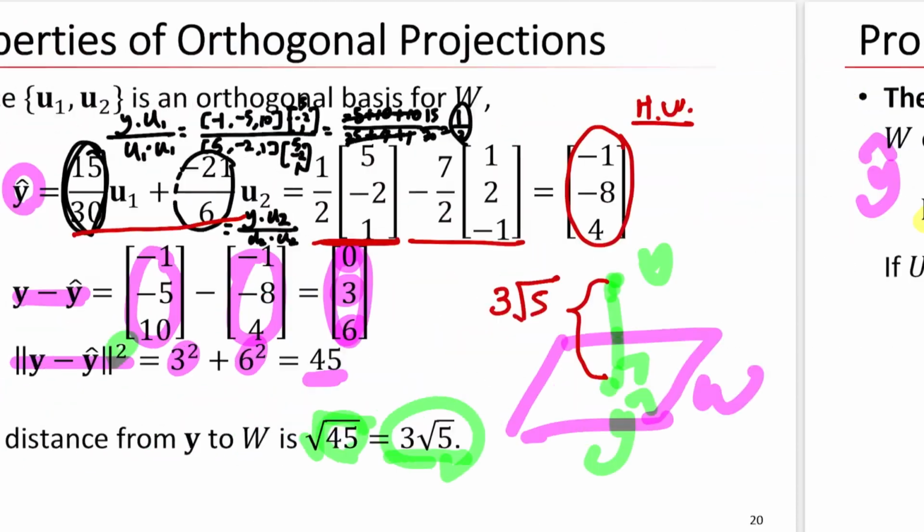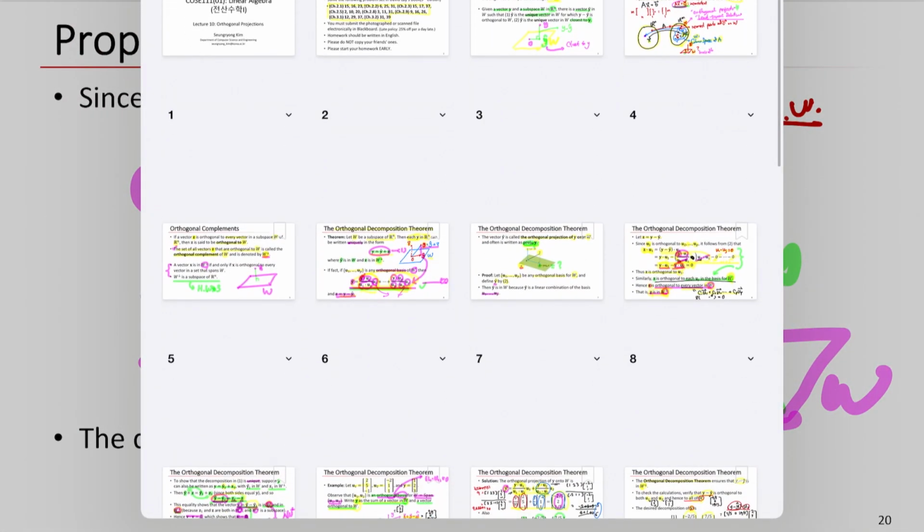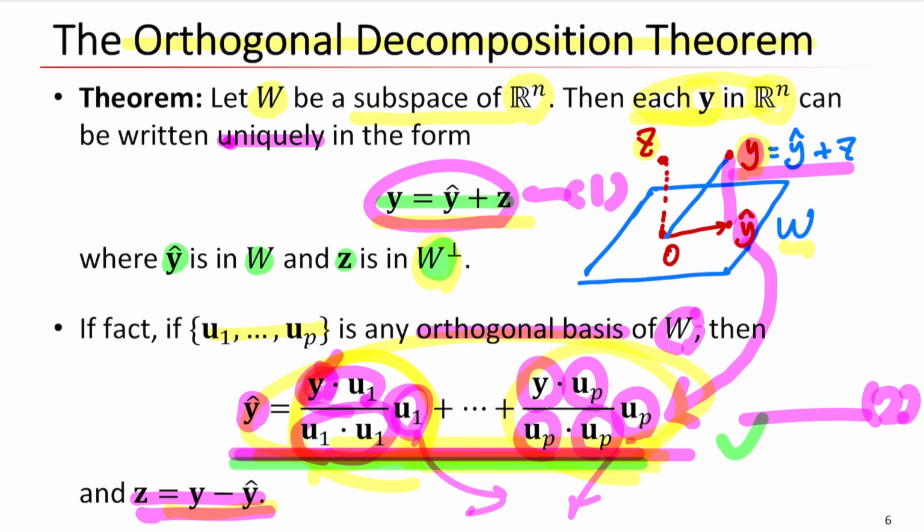But what was the difference? If you remember this representation, there was a term something like this. But as I mentioned before, if u is an orthonormal basis, u1 inner product u1 should be 1.